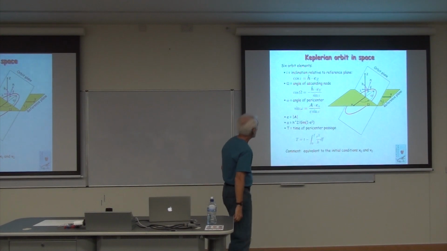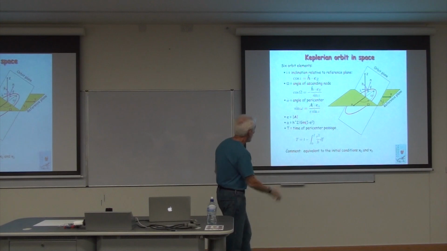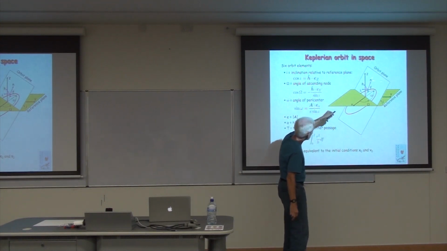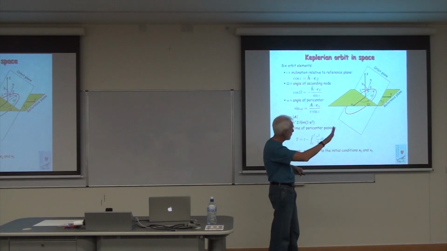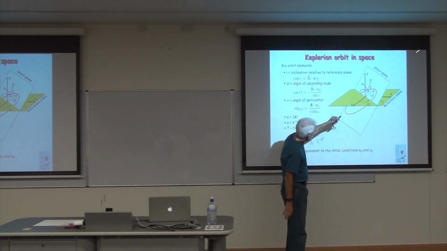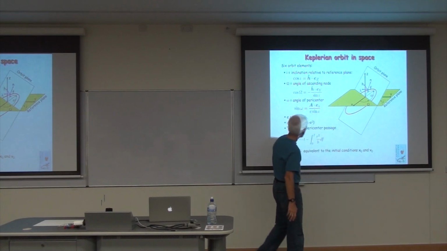So first we define the orbital plane. And we know for a pure Keplerian orbit that orbital plane is fixed, whatever it is, and we define the inclination of that orbital plane relative to the reference plane. So it's this angle between the plane of the orbit and the reference plane.